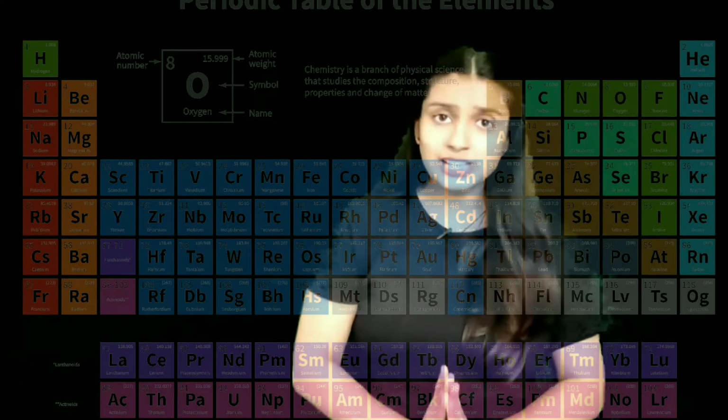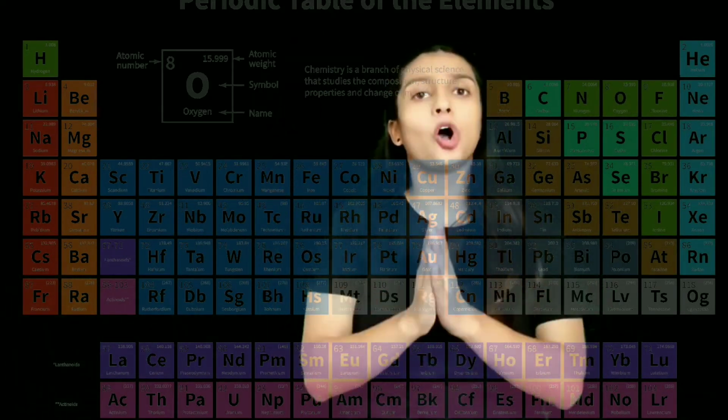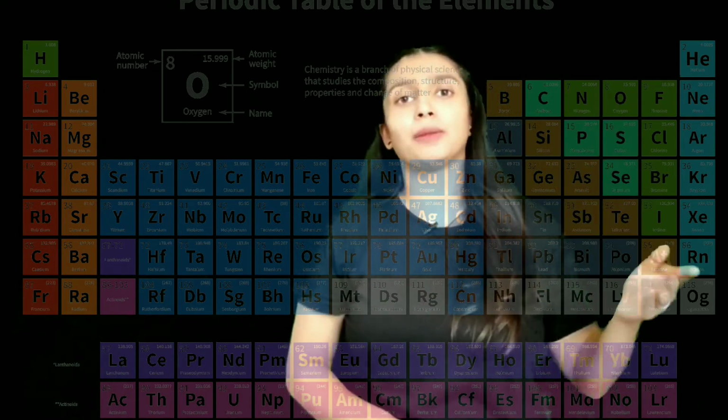So to remove that electron, we need only a little amount of ionization enthalpy. So that is why down the group, ionization enthalpy always decreases, and along the period, ionization enthalpy always increases.